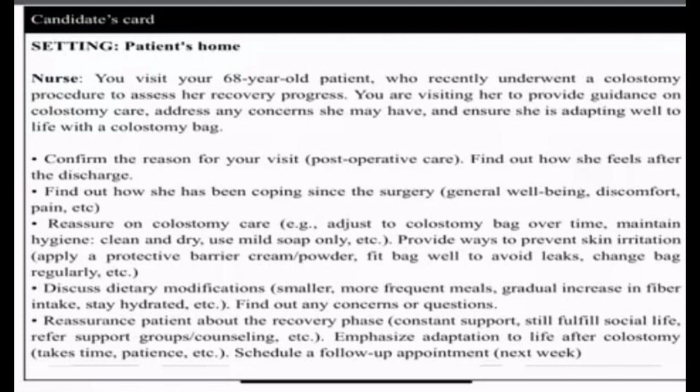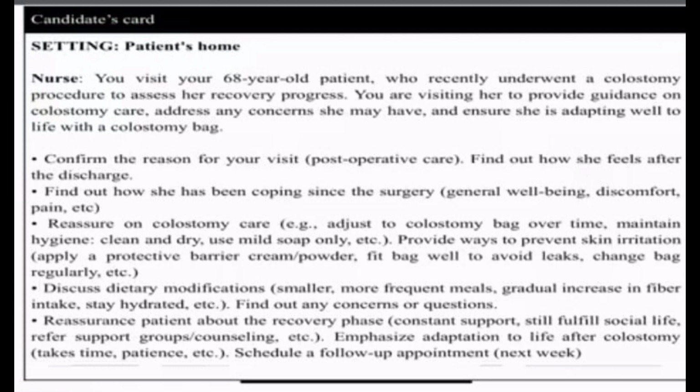In the second category, you are already taking care of the patient. These categories, first and second, will help you to construct your introduction well. This role play is mainly a second category role play, which means there is no need to give your introduction here.